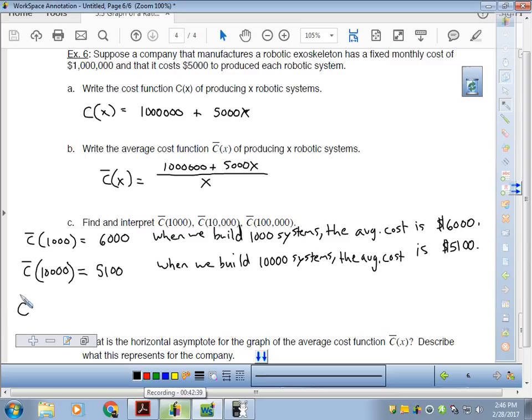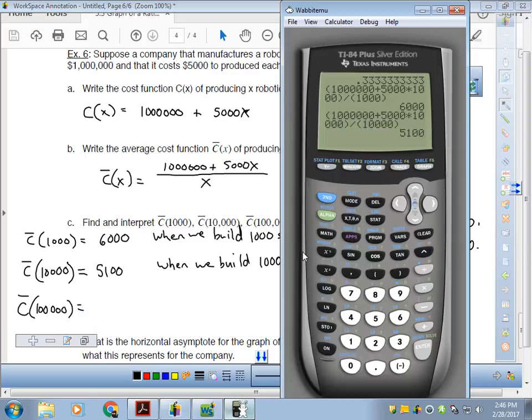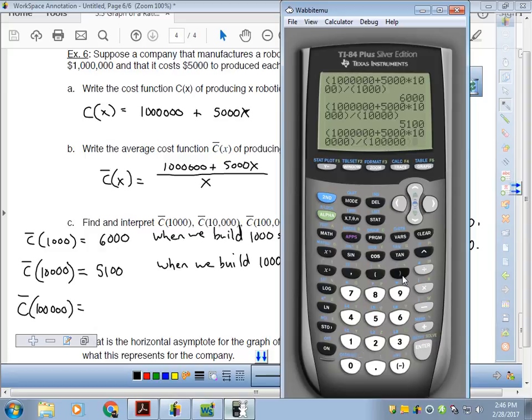Alright, and then what happens when we build 100,000 of these robotic systems? Well, we've got 1 million plus 5,000 times 100,000. So let's say that's 1,000, 10,000, 100,000. And we're going to divide that by 100,000. That comes out as 5,010.